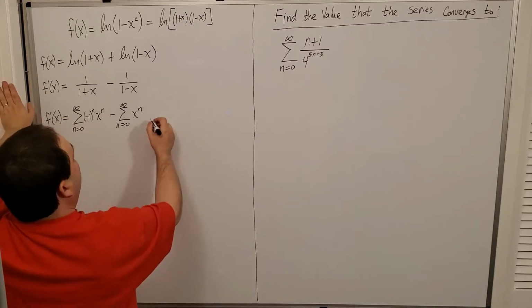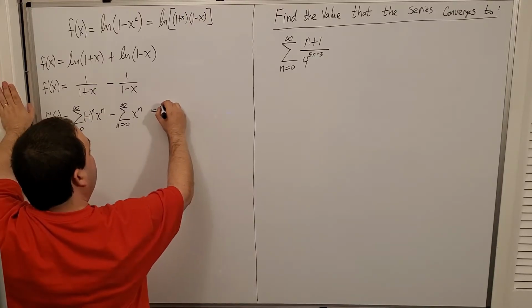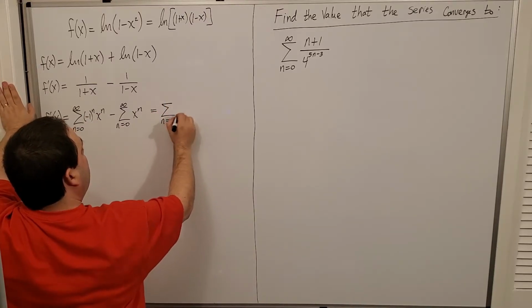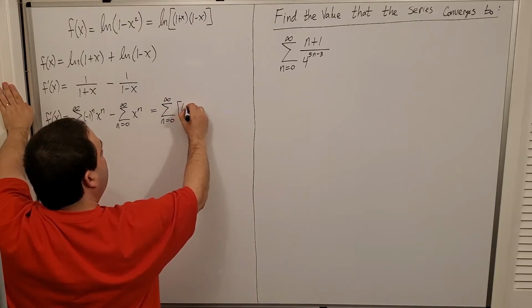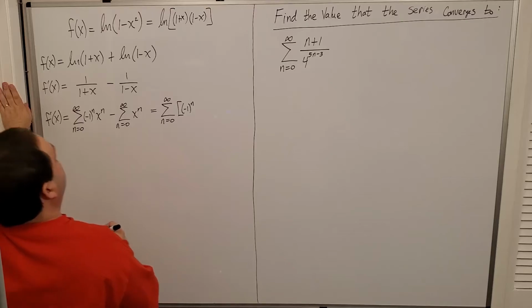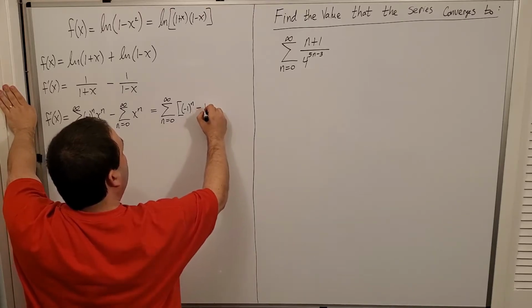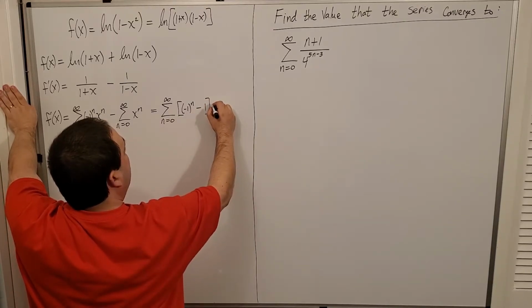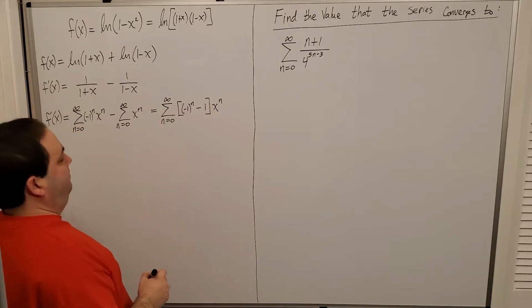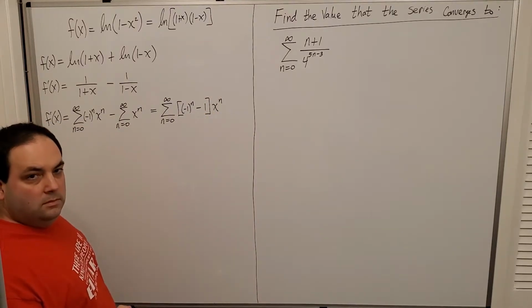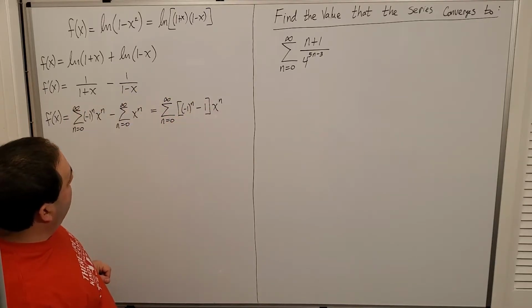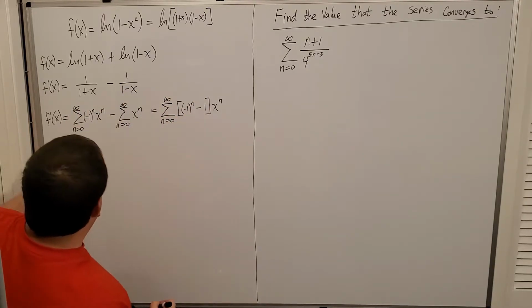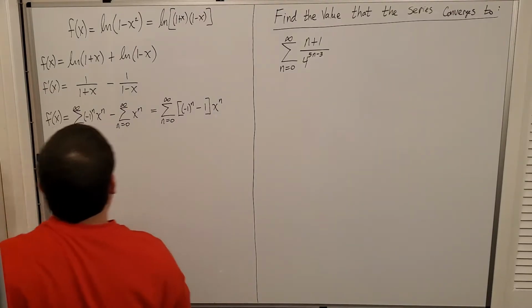Merge these together, and I get a power series n equals 0 to infinity of negative 1 to the n minus 1 times x to the n. Okay, all I did was I factored out the x to the n that they had in common there. Now that's f prime. Okay?